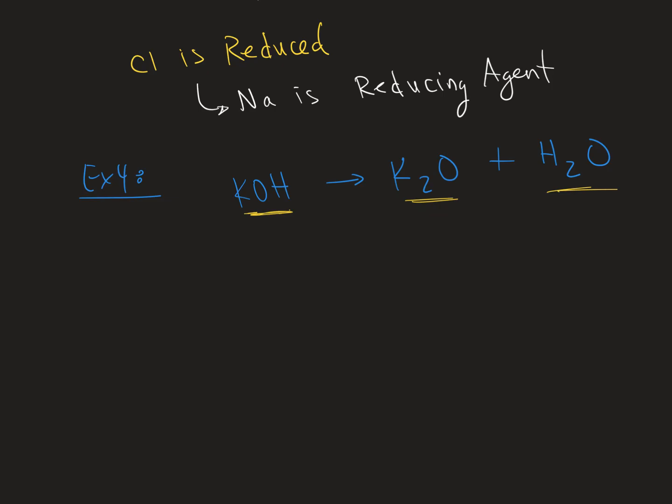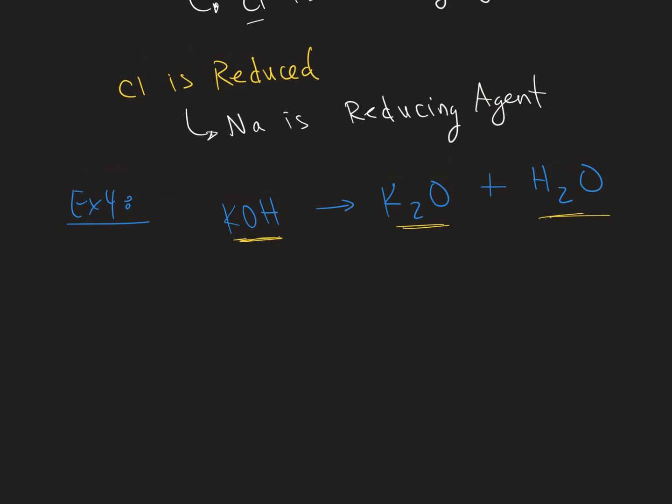So let's see if it really is by determining the oxidation numbers. All right. Potassium hydroxide is an ionic or covalent compound? What kind of element is potassium? It's a metal. Do you know how to determine where the metals are, guys? Remember that?